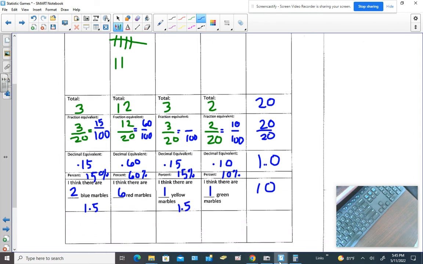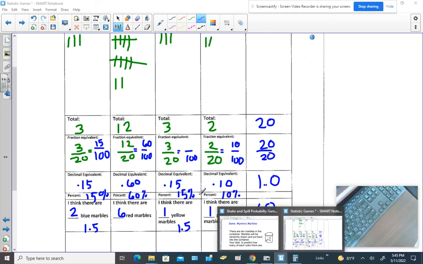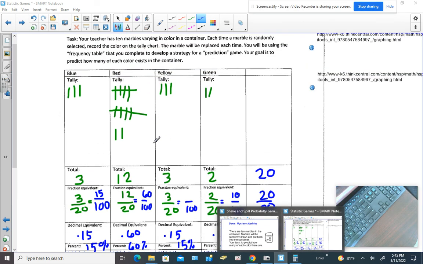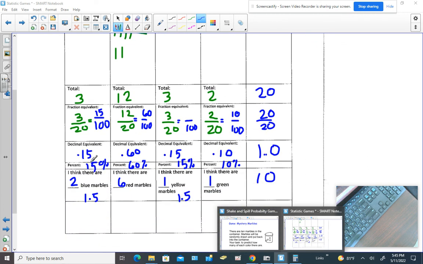Now, when you're playing the game, you don't know how many blue there are, how many anything there are, right? But you can use math to really get a good idea, especially if you have a lot of pulls. The more pulls you have, the closer the percentage of the number of marbles you have will actually give you the actual answer.